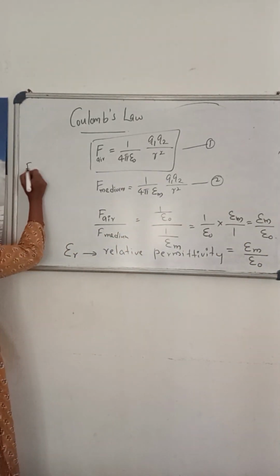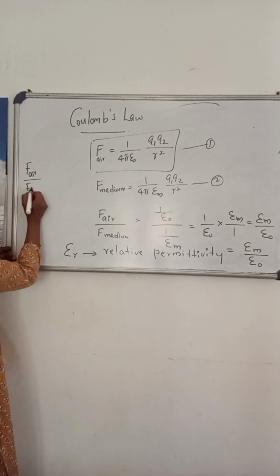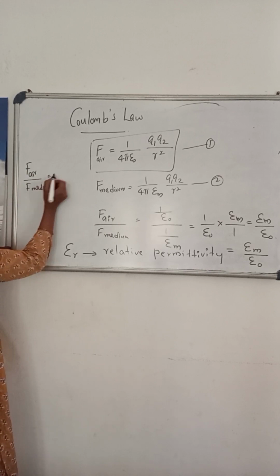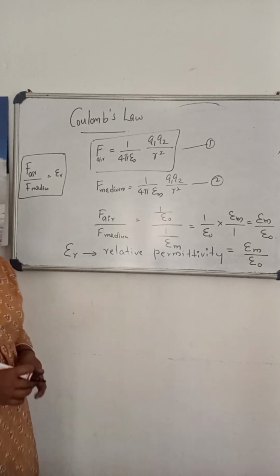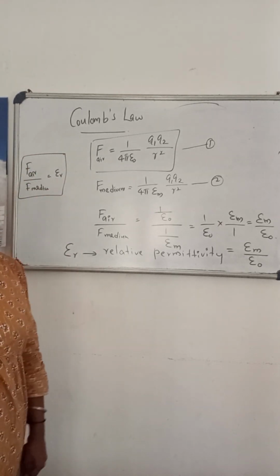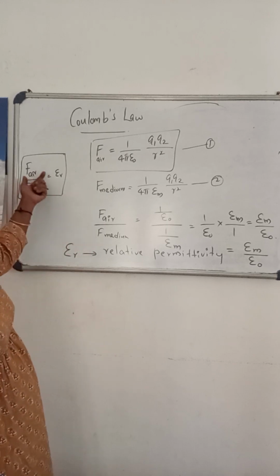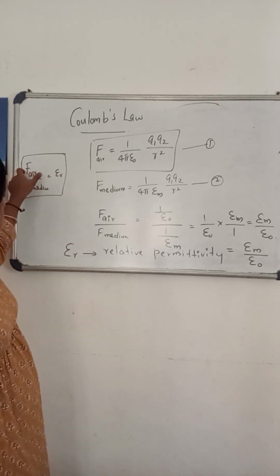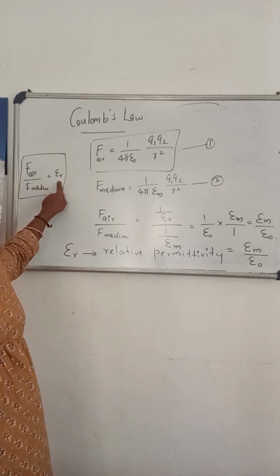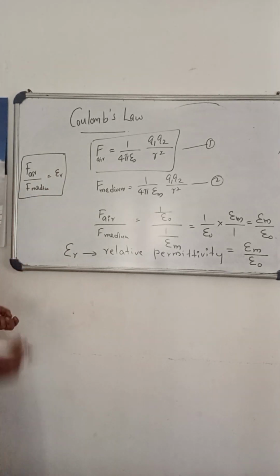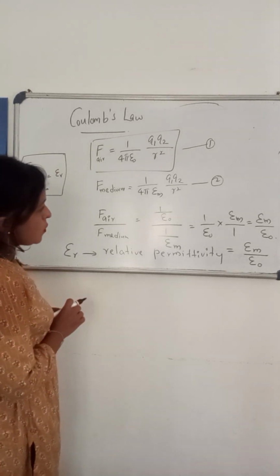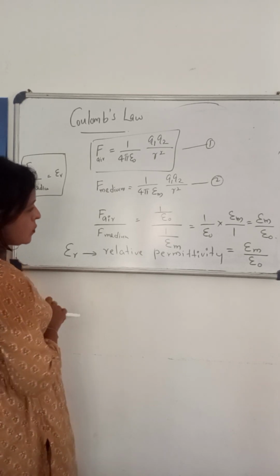We can write F air divided by F medium equal to epsilon r, the relative permittivity of the medium. If we know the values of these, we can find the relative permittivity of the medium. Okay, and we will do some problems related to this.